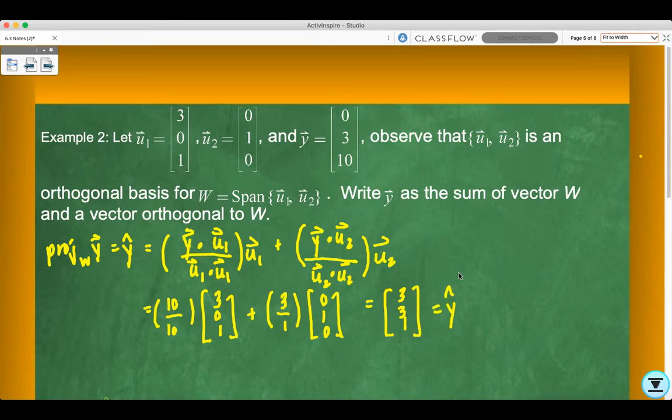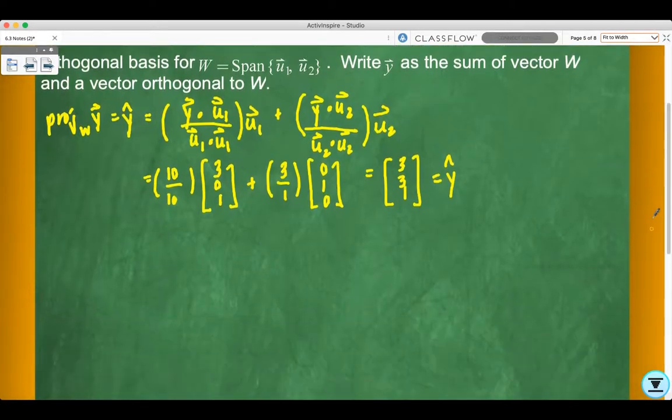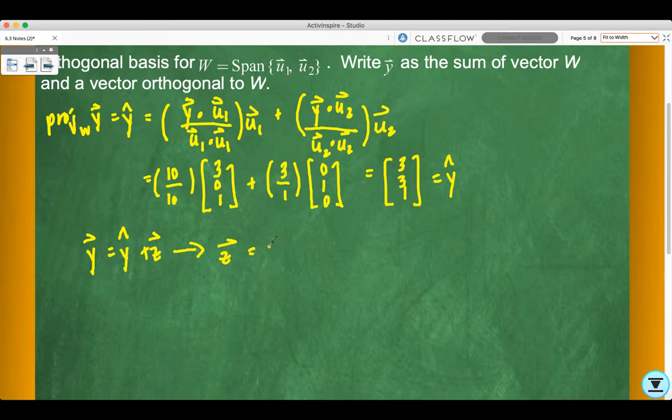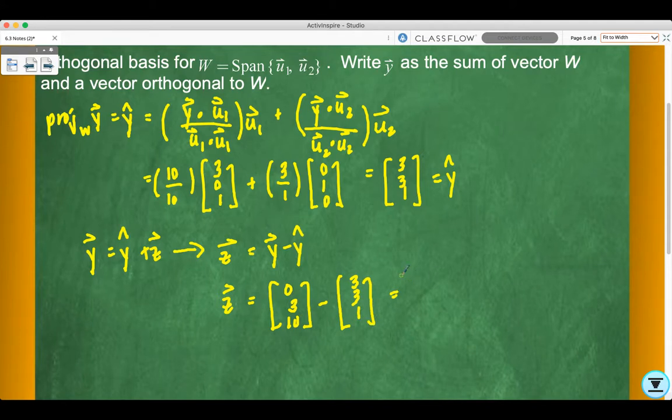Now we need to find vector z, using that we know y equals y hat plus z. Therefore, we would have z equals y minus y hat. So I would have z equals 0, 3, 10 minus 3, 3, 1, and that equals negative 3, 0, 9.